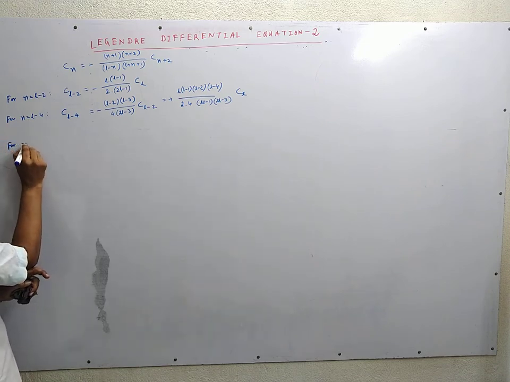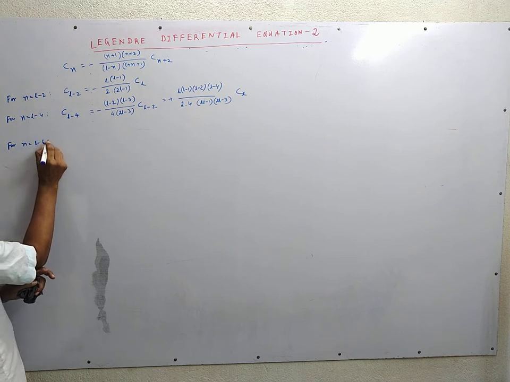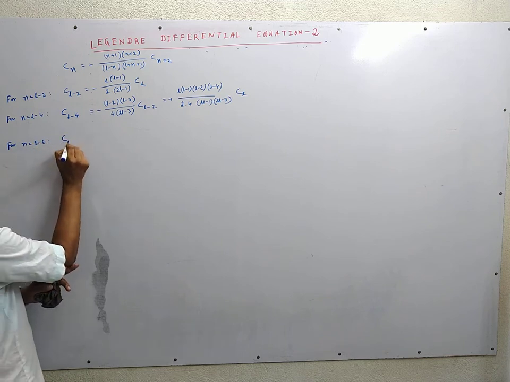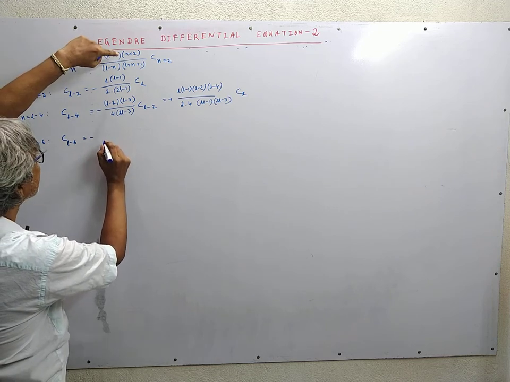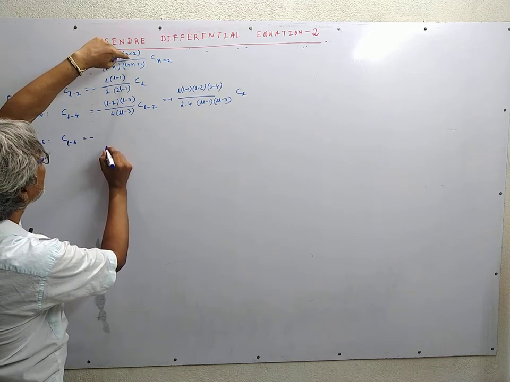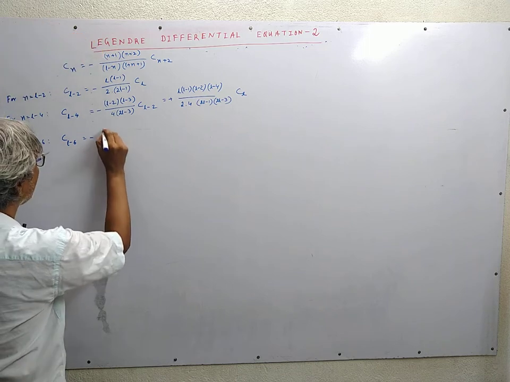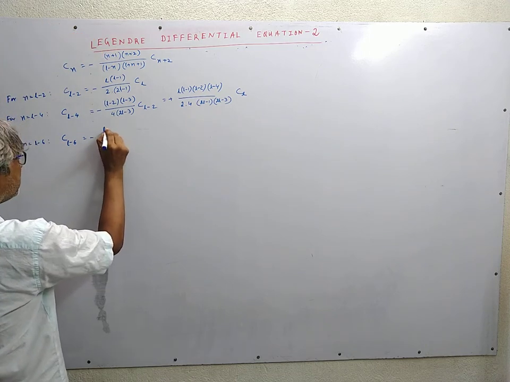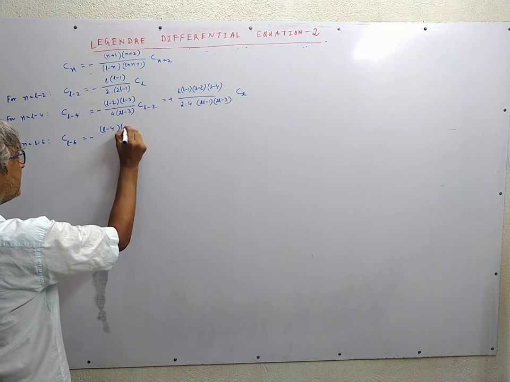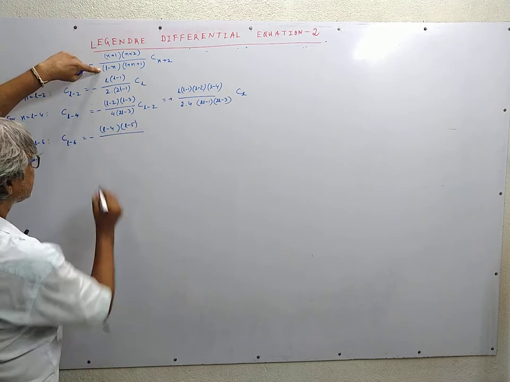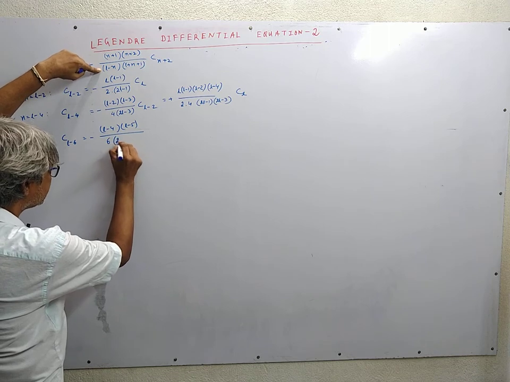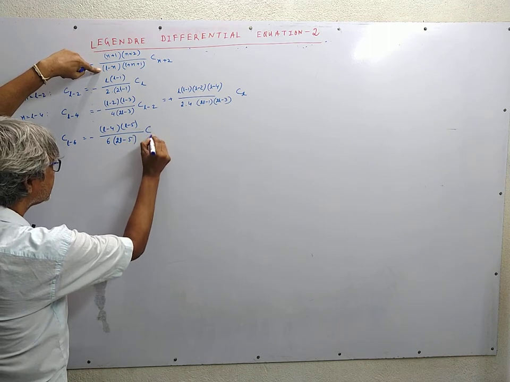For n is equal to L minus 6, we have C of L minus 6 is equal to minus. This is n minus 4, this is n minus 5. L minus 4, L minus 5. The denominator term, this one is 6 and the other one is 2L minus 5.